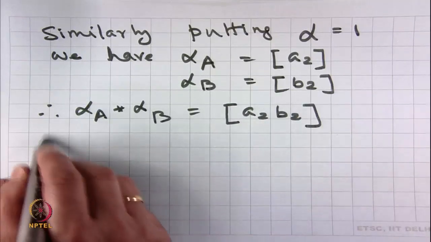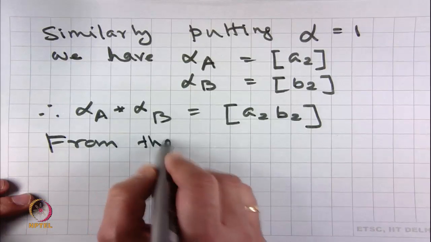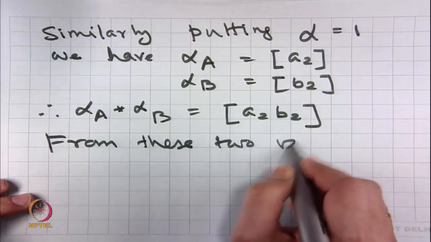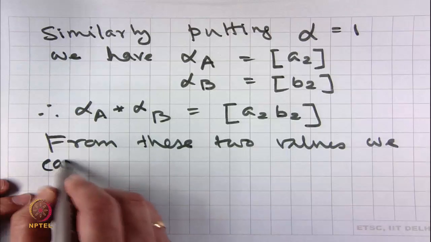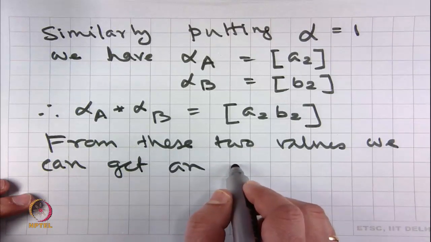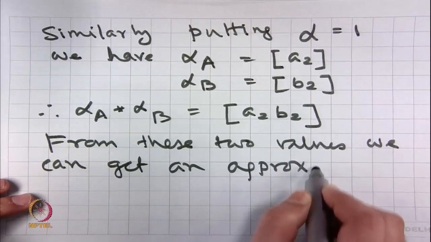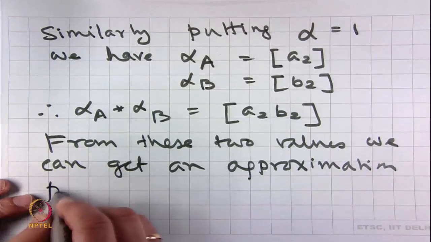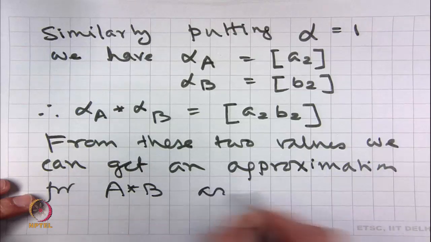From these two values, we can get an approximation for A star B as follows.